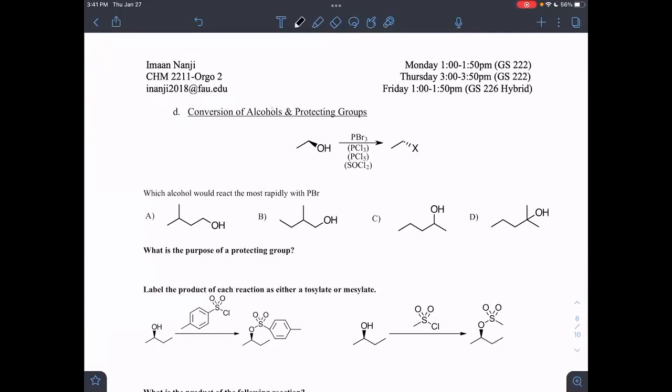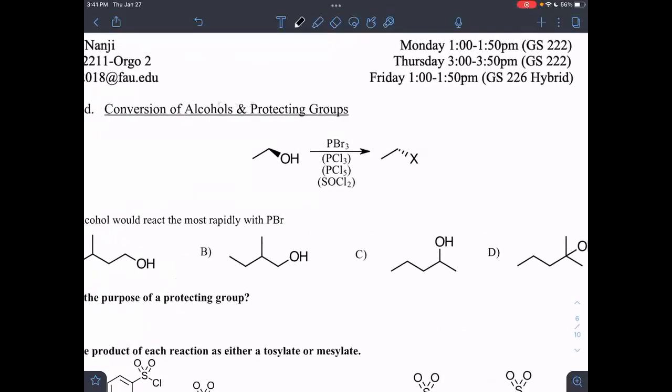Just know the reagents and what they do. So over here, we have a bunch of reagents, and this is a general reaction for them. If you see an alcohol and any of these, well, I have to add some, because Roche doesn't tell me extra stuff that he does that is not on my worksheets, so we're gonna have to add it now. There's one more reagent in this category, which is ZnCl2.